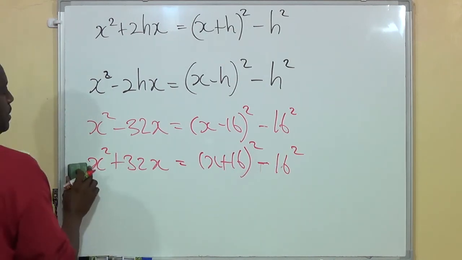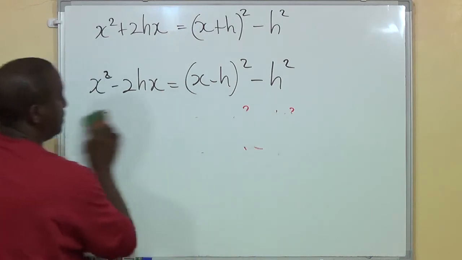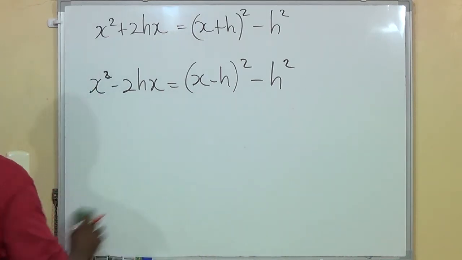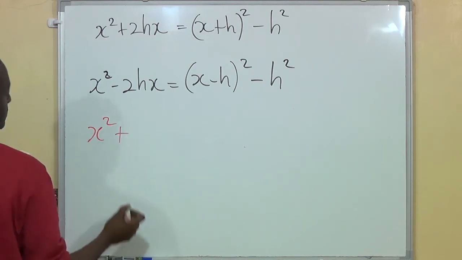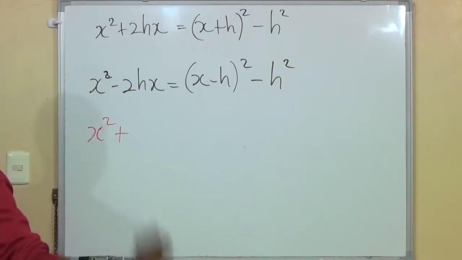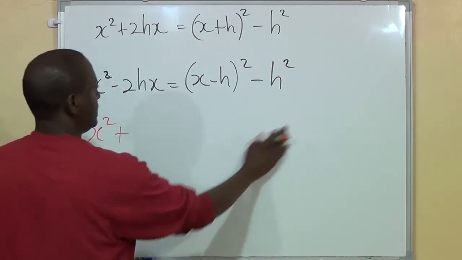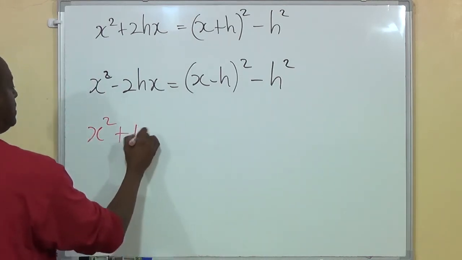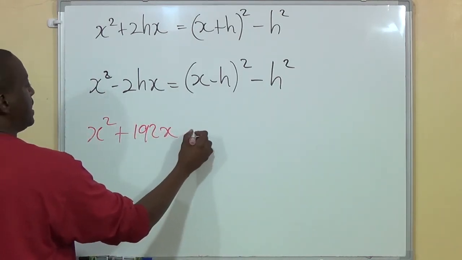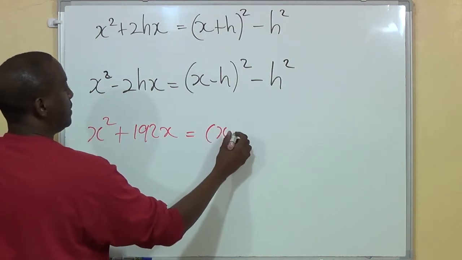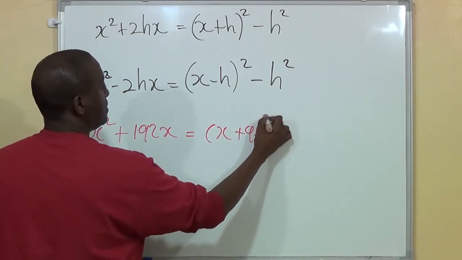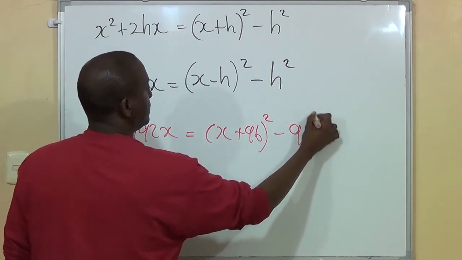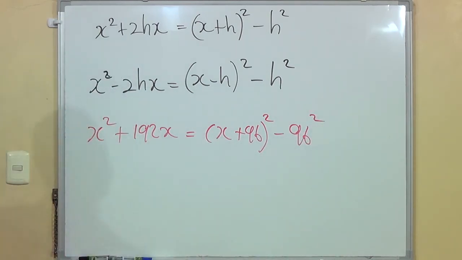Alright? Let me try some different numbers now. If we have x squared plus 192x, that is the same thing as x plus 96 squared minus 96 squared.